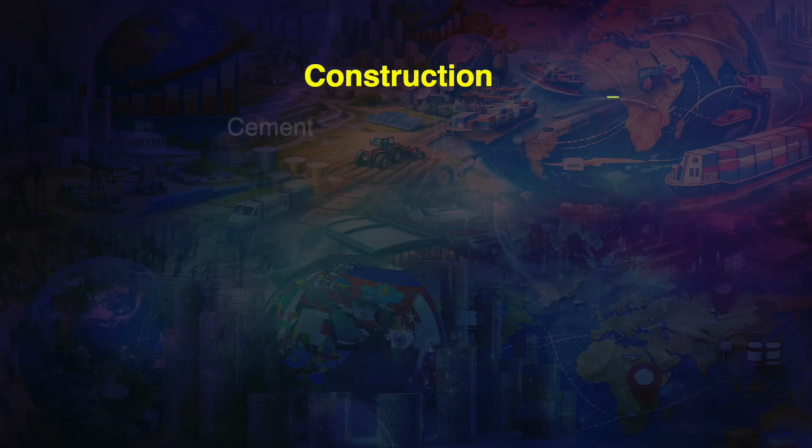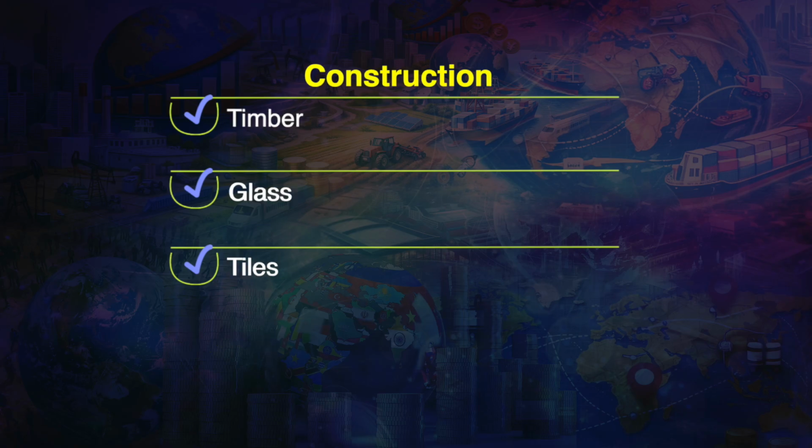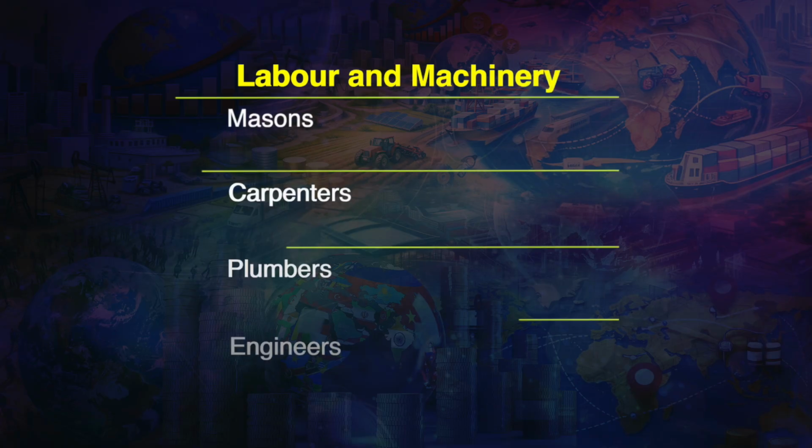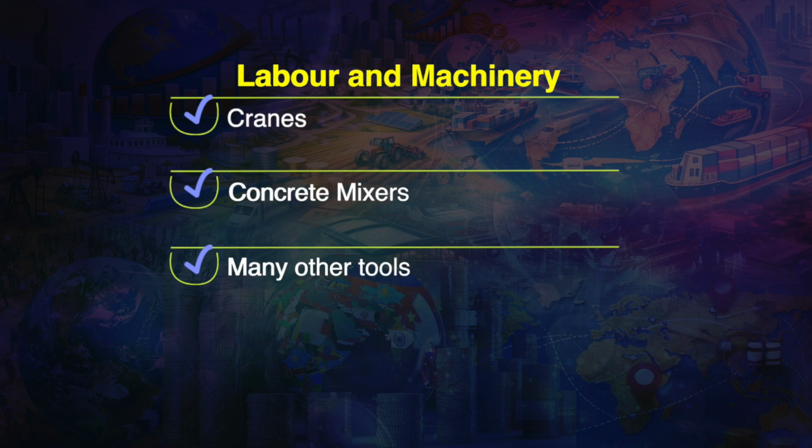These include cement, steel, bricks, sand, timber, glass, and tiles. Labor and machinery, these include masons, carpenters, plumbers, engineers, cranes, concrete mixers and many other tools.